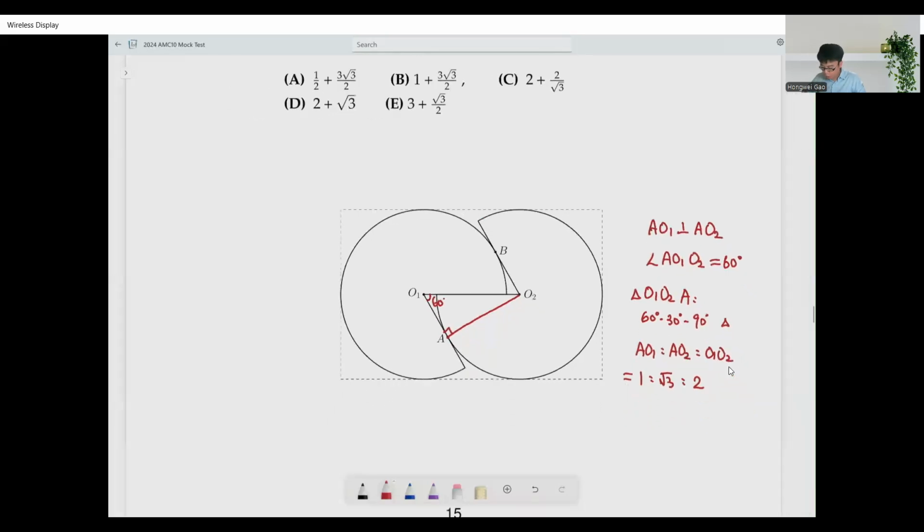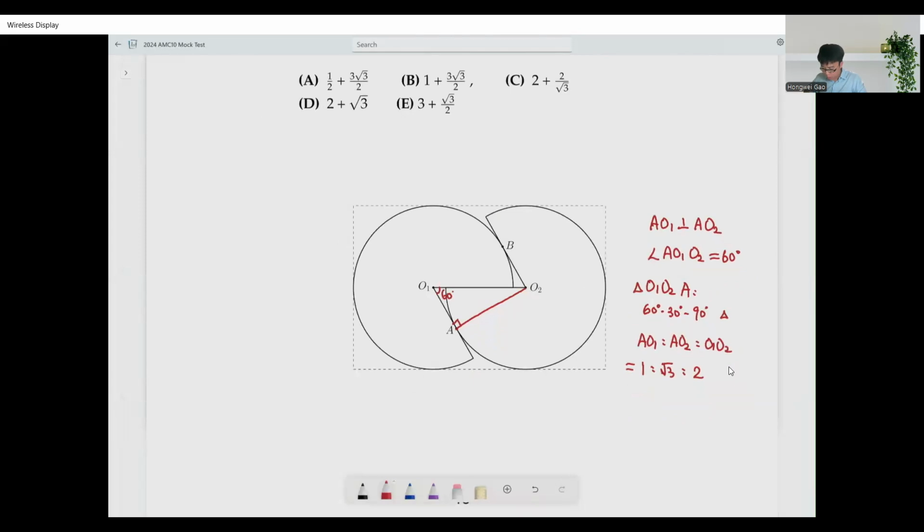Now let's use this information to solve for the distance from O1 to O2. We notice that AO2 is the radius, which is 1. That implies AO1 is 1 over root 3. And then O1O2 is twice AO1, which is 2 over root 3.